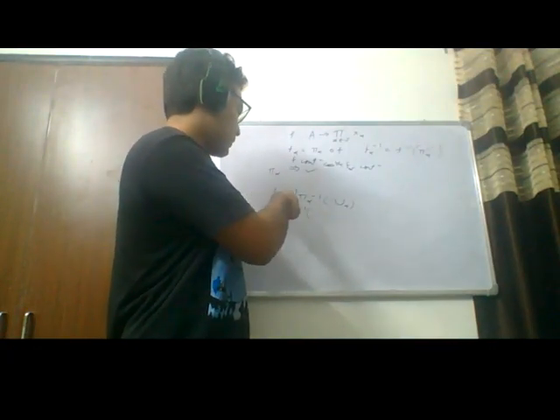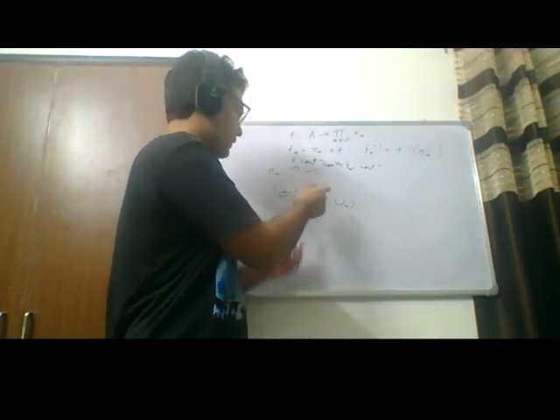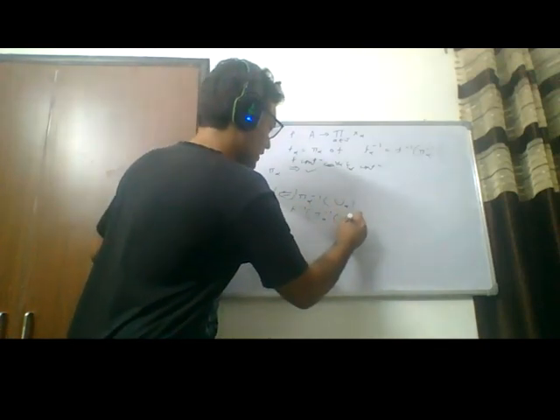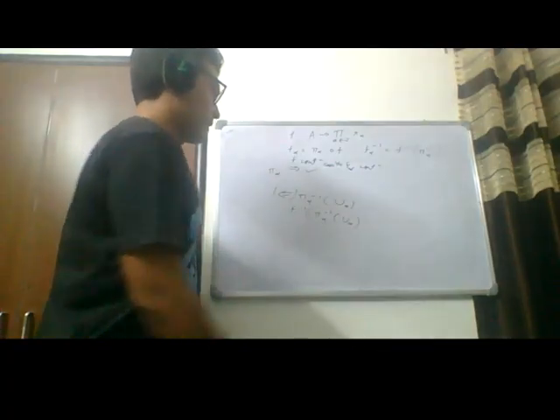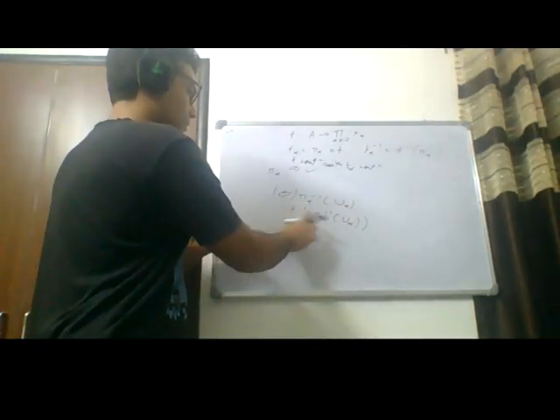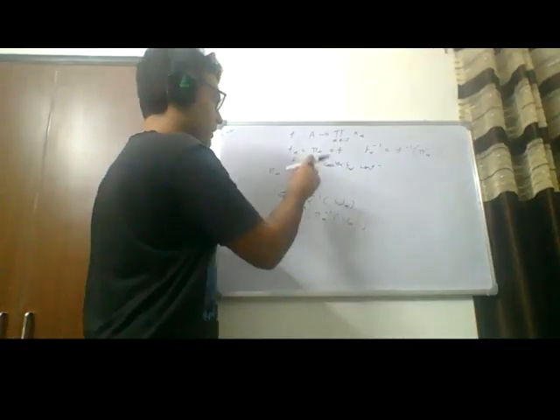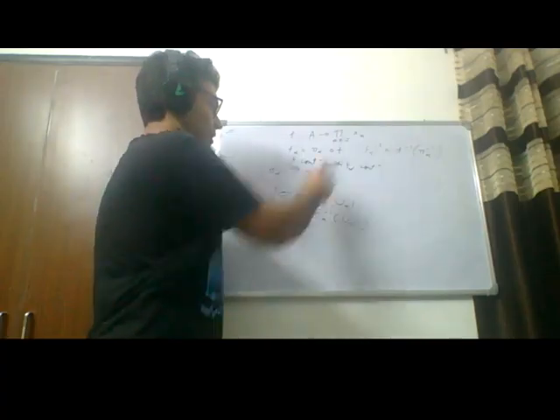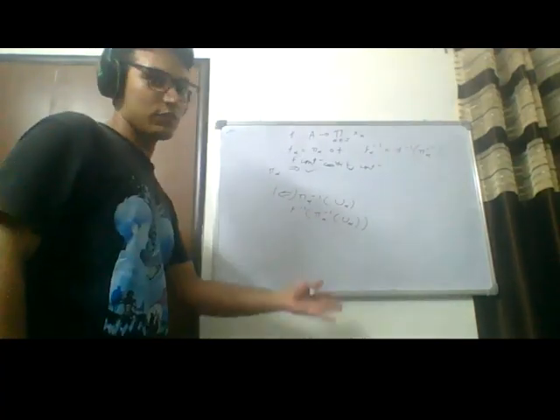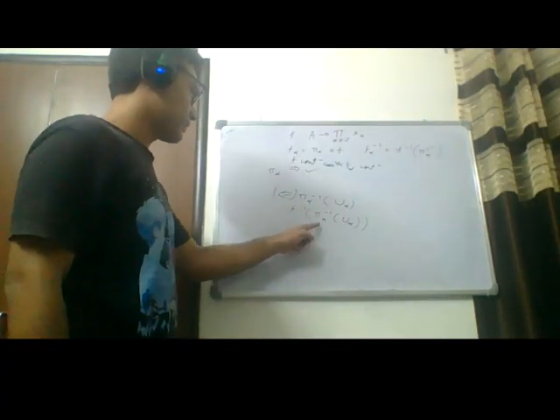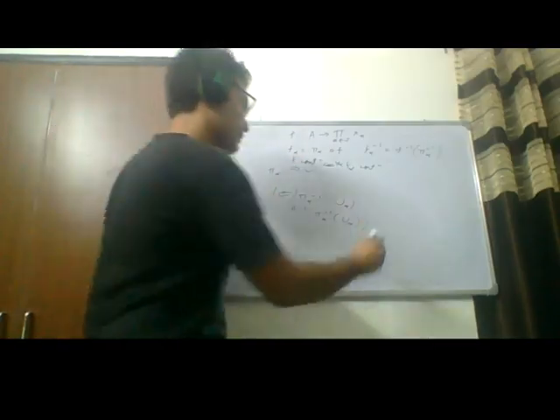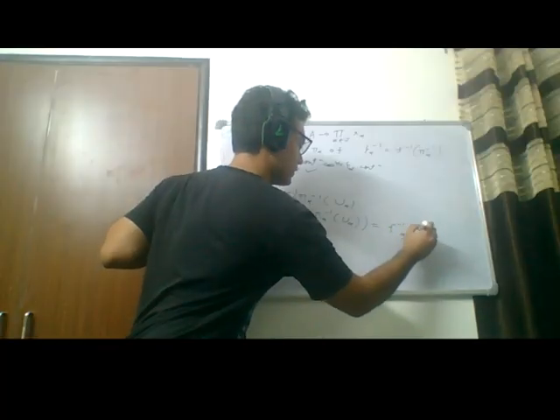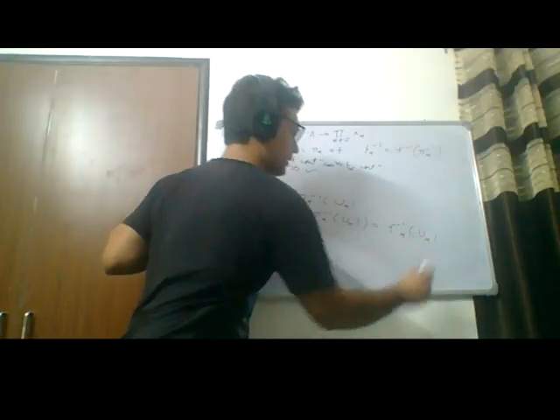Okay, so we're using the fact that if the inverse image of a subbasis element happens to be open, then this is the subbasis element, this is the function, and if this entire thing happens to be open, since this is open by definition, then the entire thing is open, right? But note that because of this relation, this is precisely equal to f alpha inverse of U alpha, right?